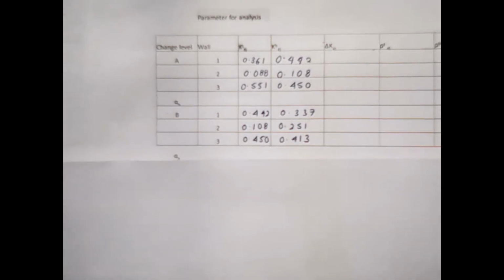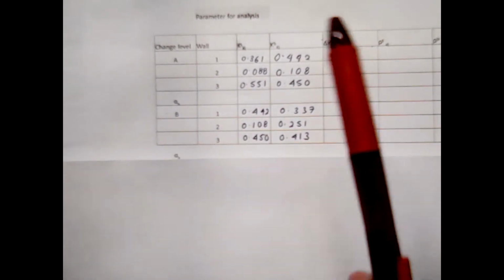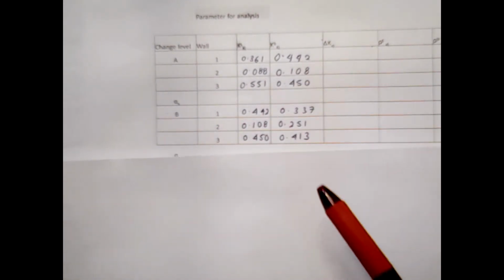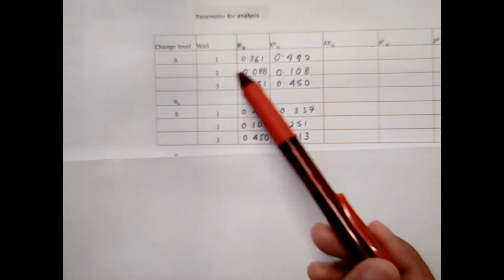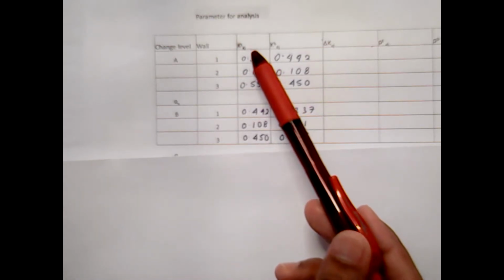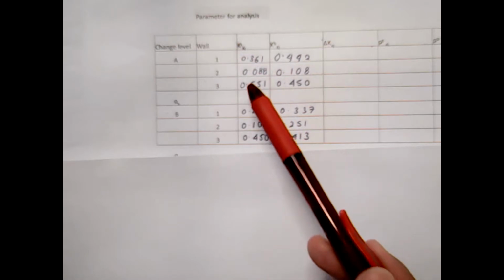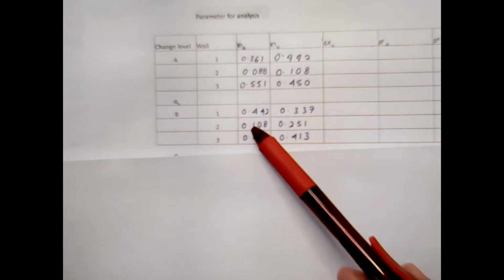If you have done it, you're supposed to get the solution like this, which means the initial distribution factor top and bottom for each wall is given like this.